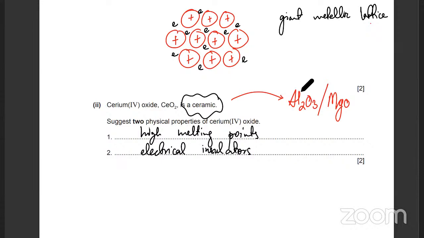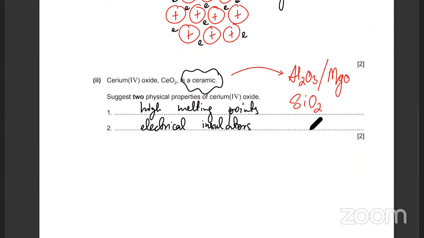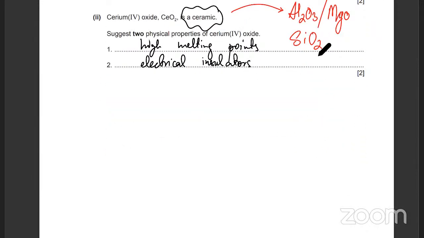Mg2+ and O2- would attract each other very strongly. And one of them was a giant covalent structure, sand or clay. Because it's a giant covalent structure, it's got a strong network of strong covalent bonds, so it's also pretty strong.